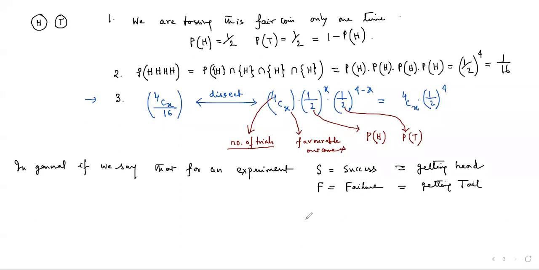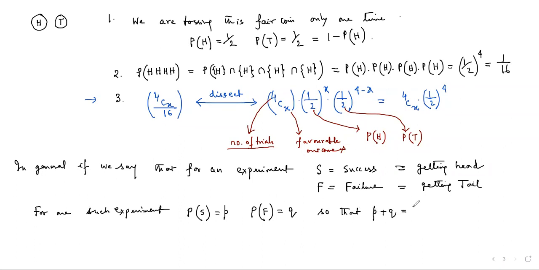And for individual tossing, if I assume for one such experiment the probability of S to be small p and the probability of F to be small q, so that small p plus small q is equal to 1, then we can give a general formula, a general picture, to the given special case.